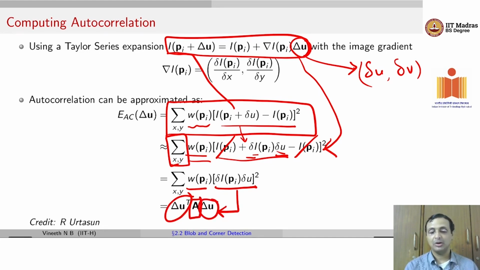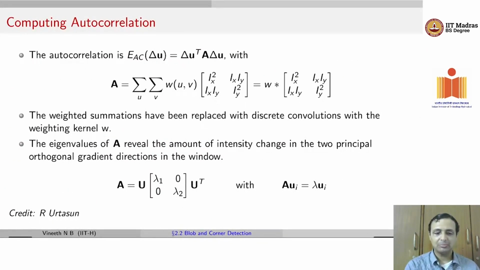Remember that you have this delta u squared, you just split it into two parts, where you have one part that comes here and one part that goes here, and the rest of what you have, W of pi times dou I at pi, you combine that into a matrix called A. How would A look? A would look like something like this. Remember, A is going to be a combination of W times your dou I's, which means A is going to look something like this.